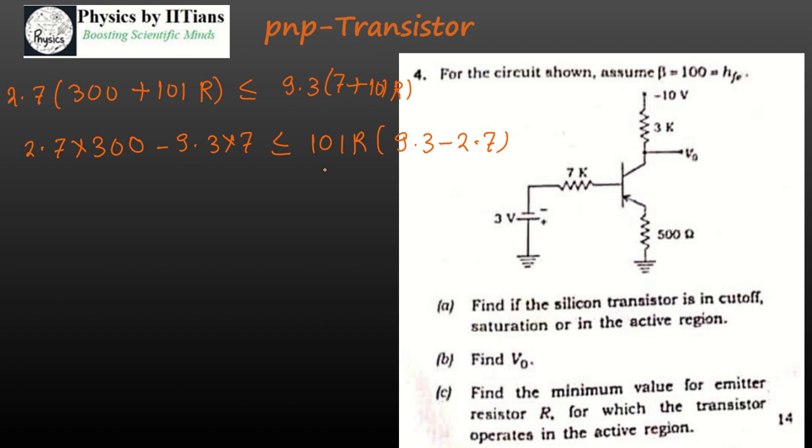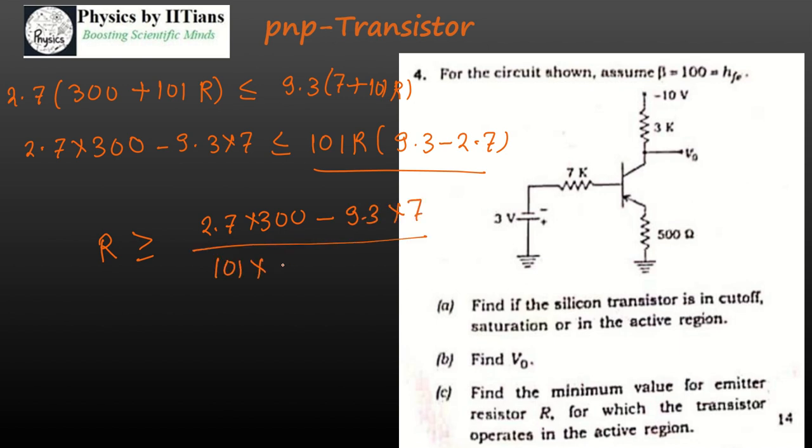So these are the terms containing R and these are the terms not containing R, and we can solve this equation. So we will get R should be greater than or equal to 2.7 times 300 minus 9.3 times 7 over 101 times 9.3 minus 2.7.